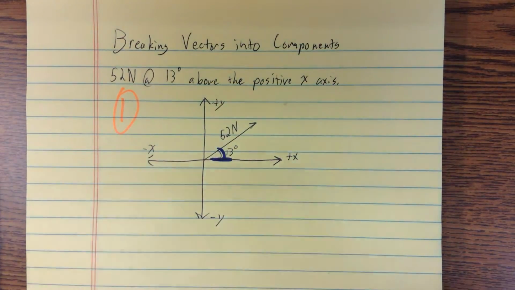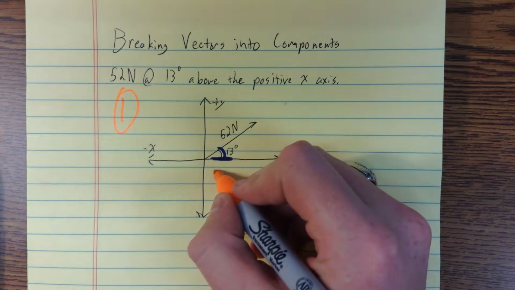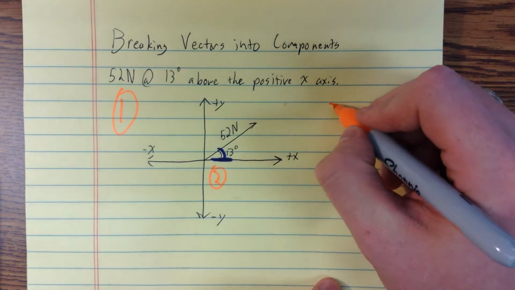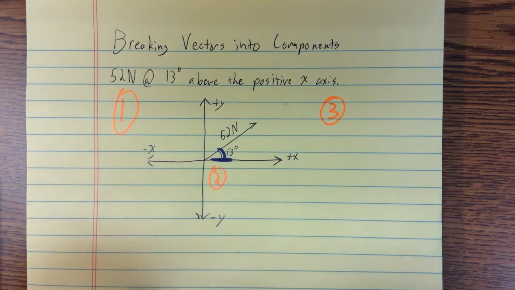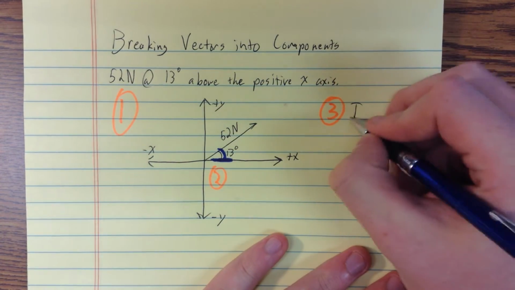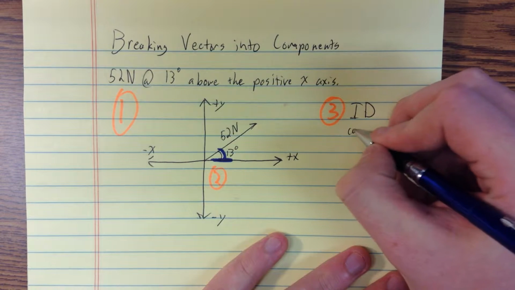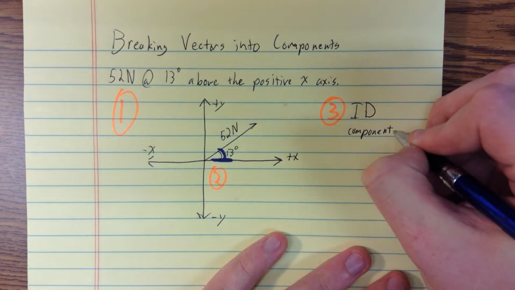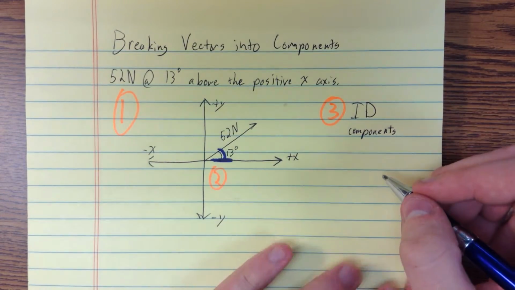Step two. Step three is to identify each component and whether it is opposite or adjacent to the angle. So step three is to identify your components.